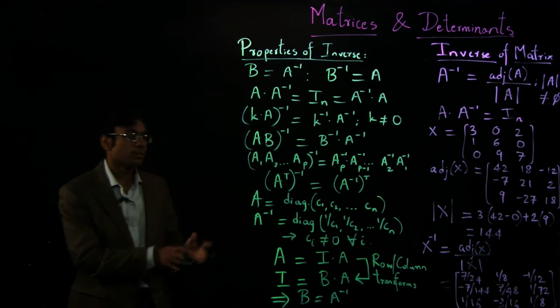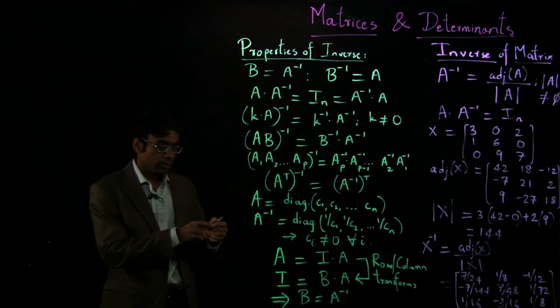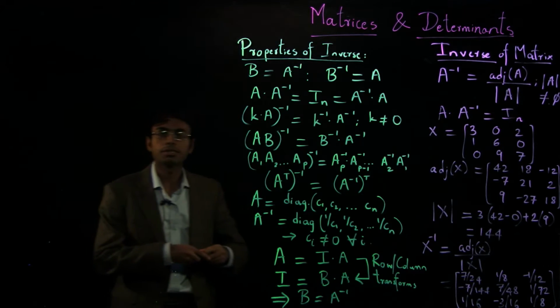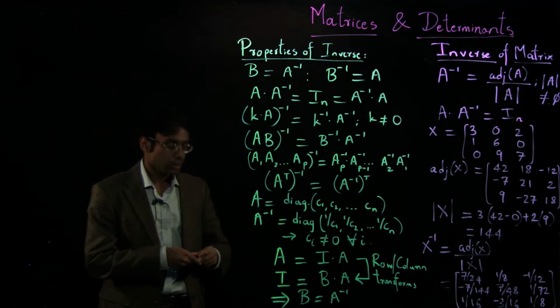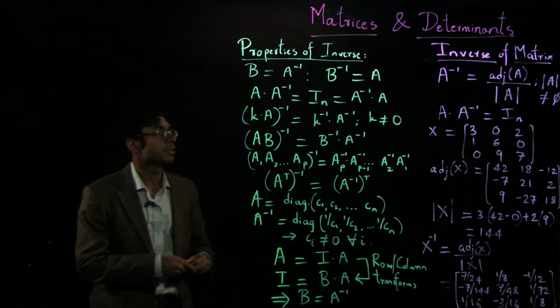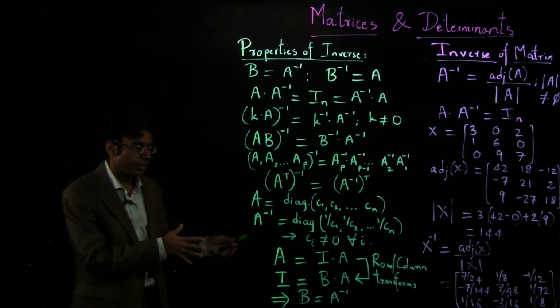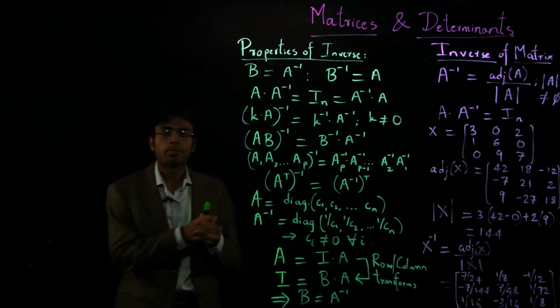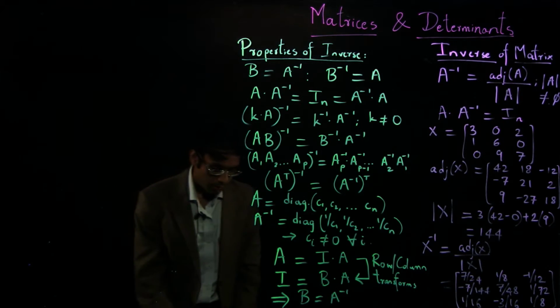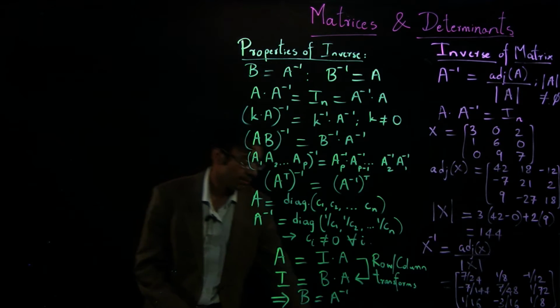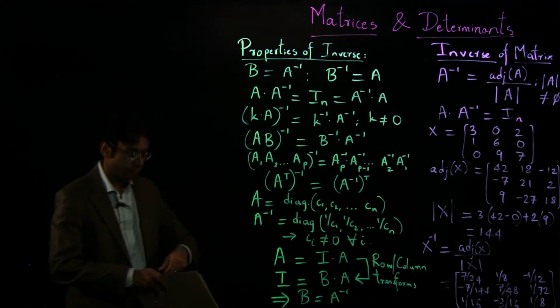So with all this background, we are now fully equipped to study how to solve a system of linear equations, simultaneous linear equations in n unknowns, using either matrices or determinants. And this is the most important part of the chapter, which shows a direct practical application of what we have studied so far.